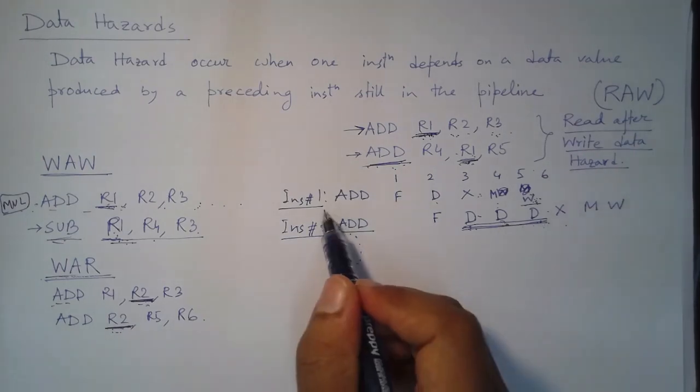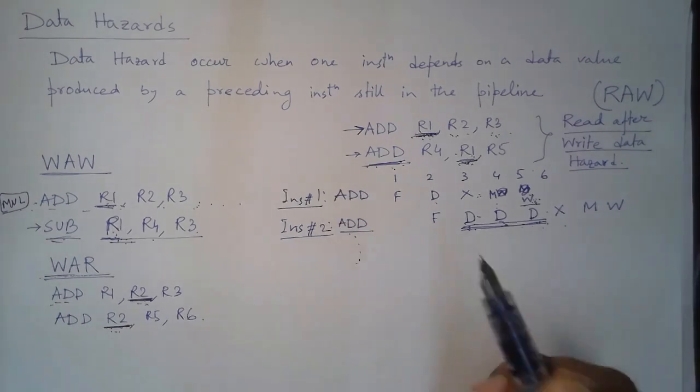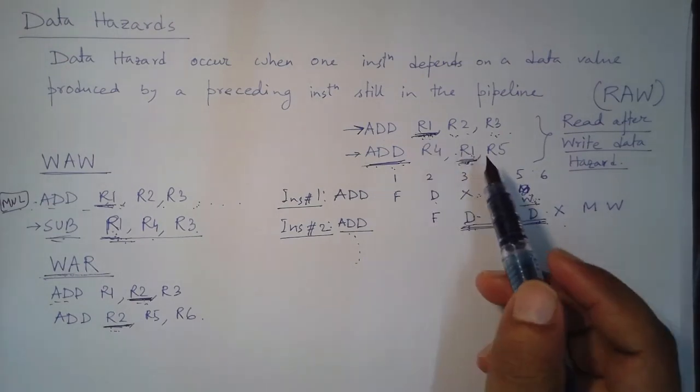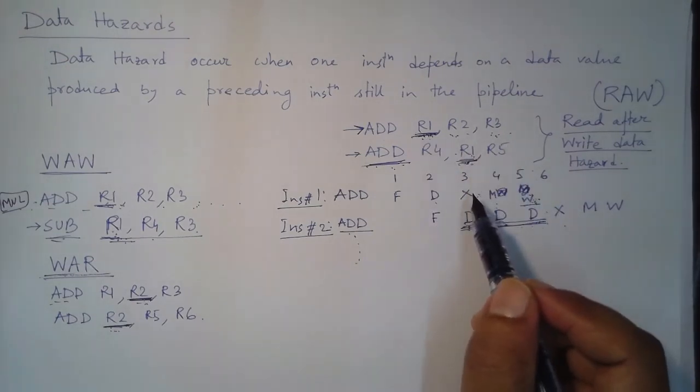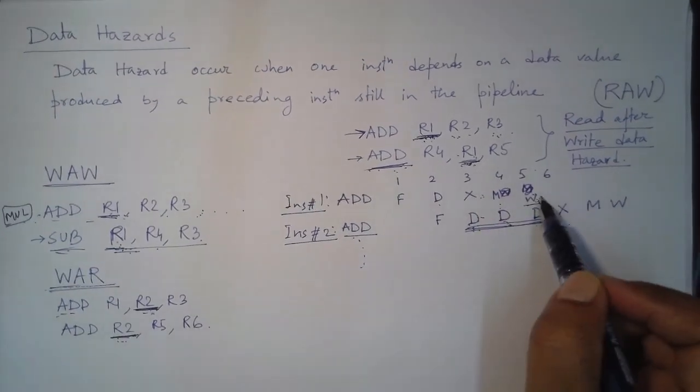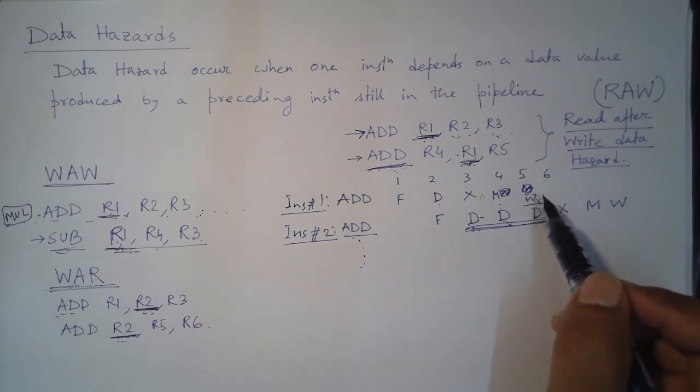Now, if you look at instruction number 1, this instruction, when will it produce the value of R1? Now, a very straightforward answer can be the value of R1 will be updated or produced after write back.